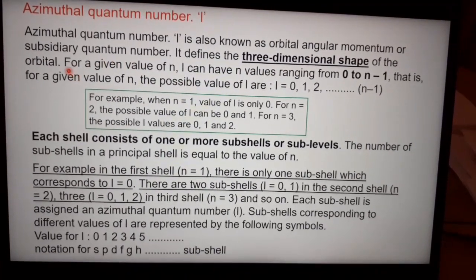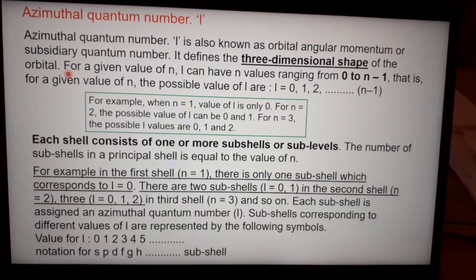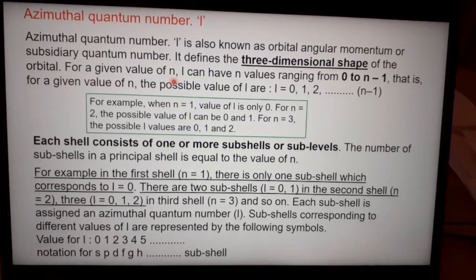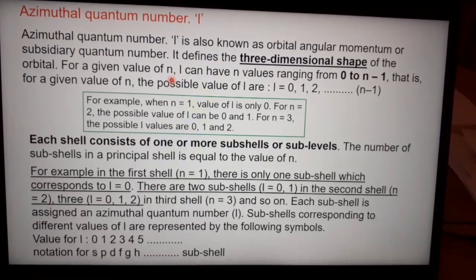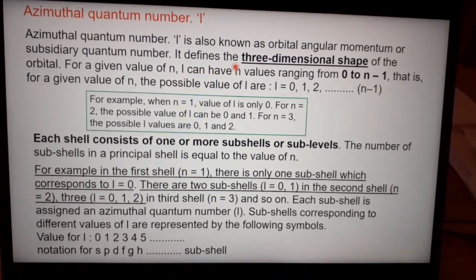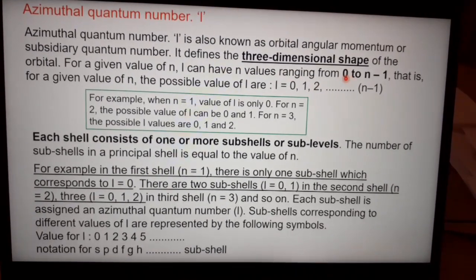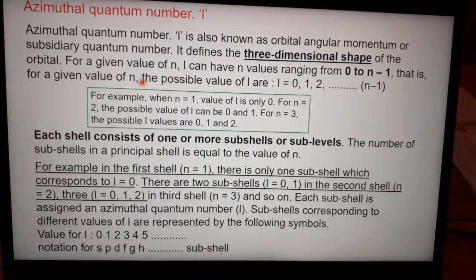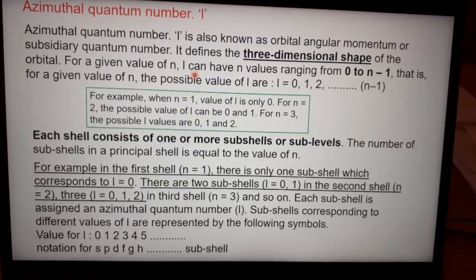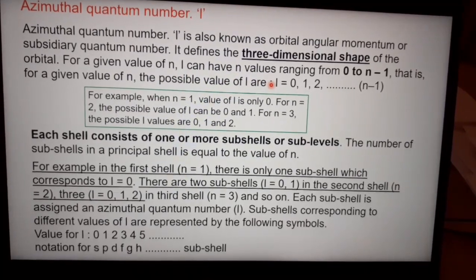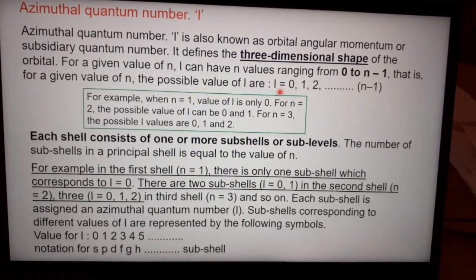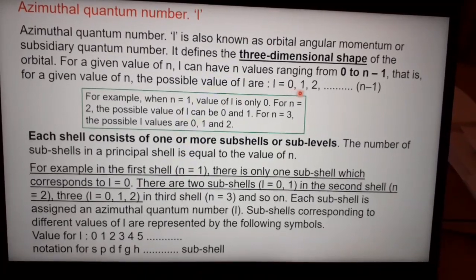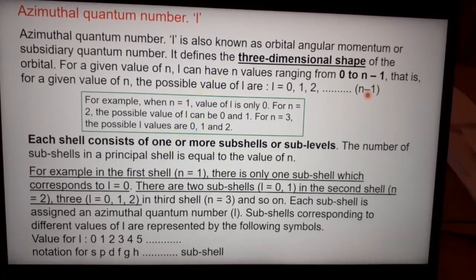That means it gives the 3D arrangement of the orbitals. For a given value n, the L value is 0 to n minus 1. That is, if you know the value of n, then you can find the value of L. How? Now you can see the value of L is 0, 1, 2 up to n minus 1.